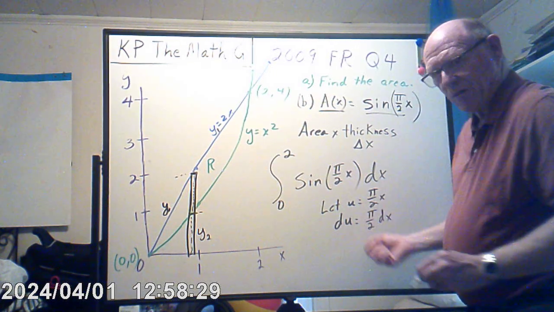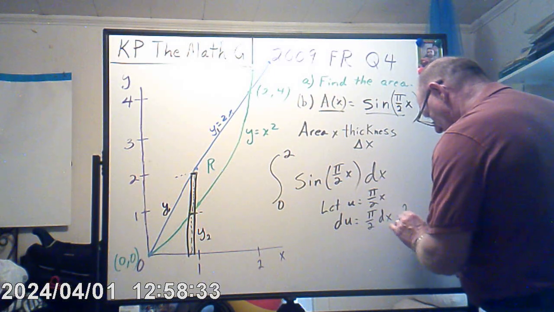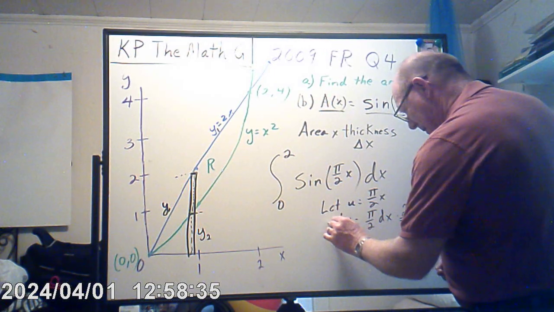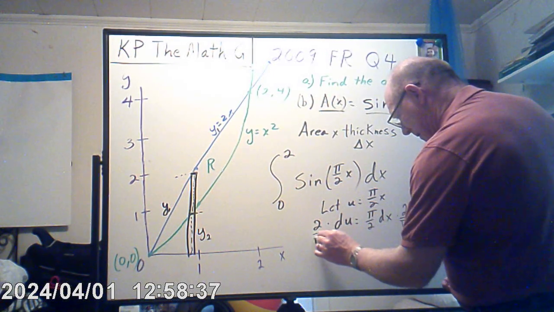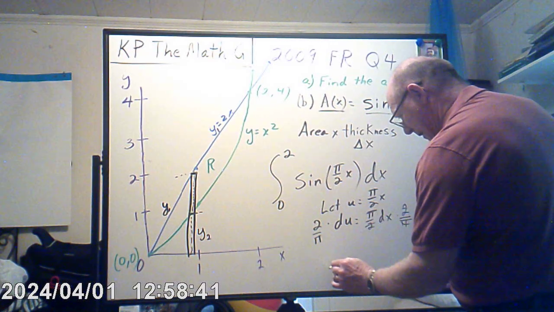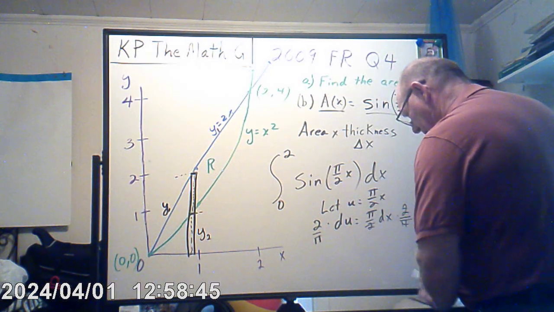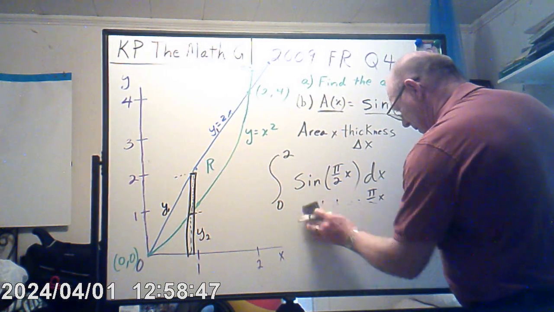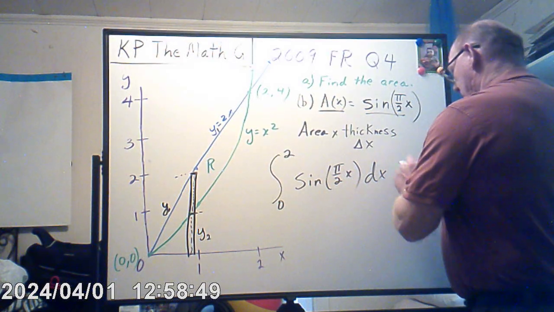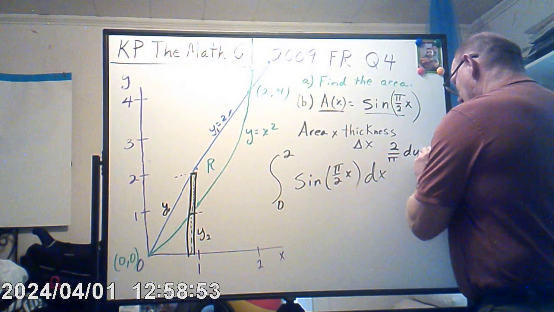Now remember, we want to get dx by itself, so 2 over pi du is equal to dx. So what we'll do here is 2 over pi du.